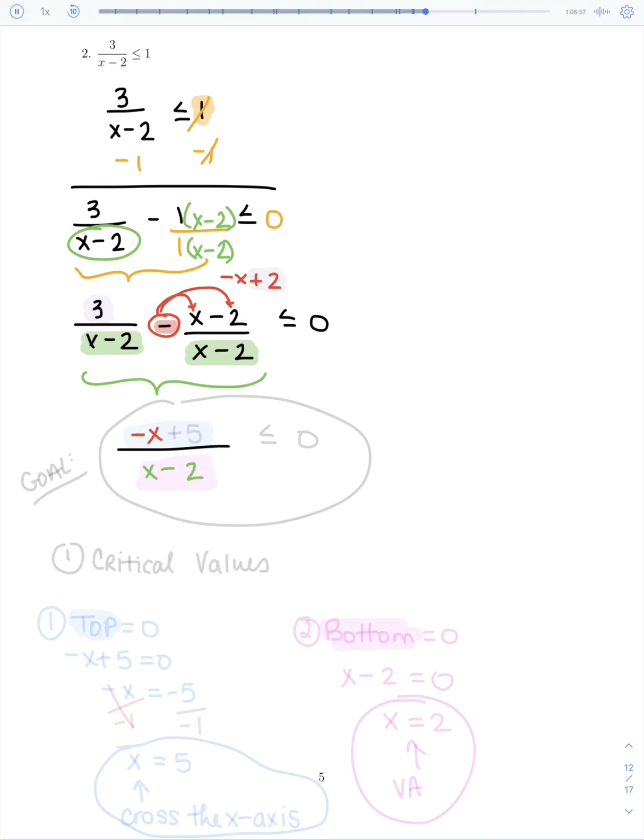However, be careful. I will have my 2 and a 3, which are both positive now, which gives me a positive 5. Now the other side is still less than or equal to 0. This is what we wanted, though. Remember, we want one fraction and 0 on the other side. That was our goal.